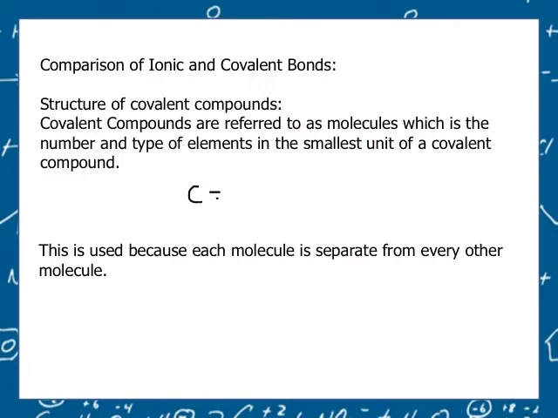So if I have a molecule of carbon dioxide and I have a second molecule of carbon dioxide, there isn't any bonds between these two. There's not any attraction or anything. These are two separate entities. So when we write CO2, that's because that's what's actually the number of atoms of each element in that molecule.